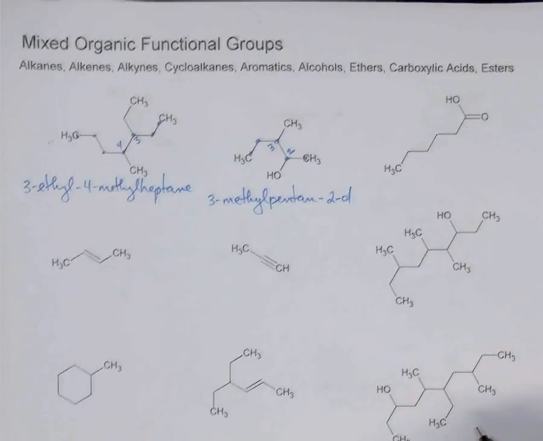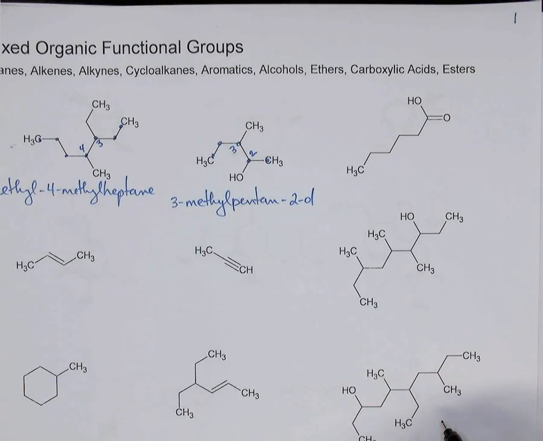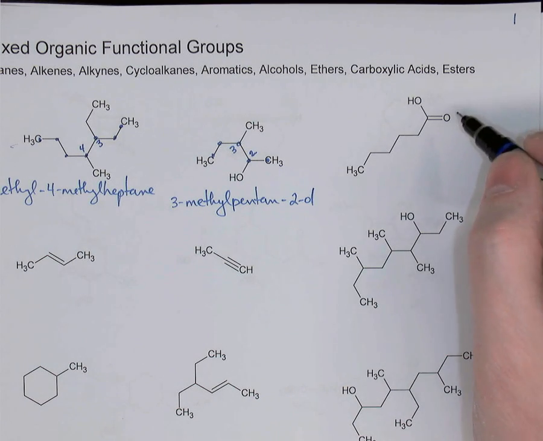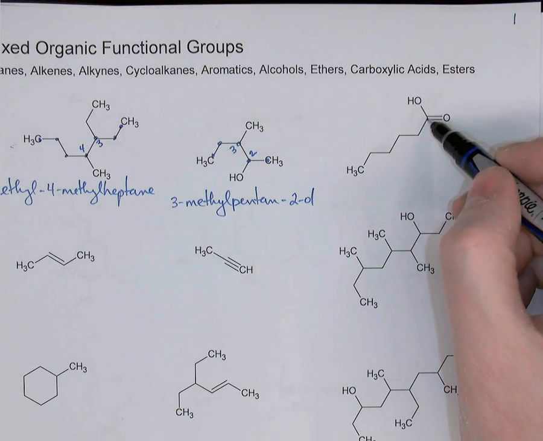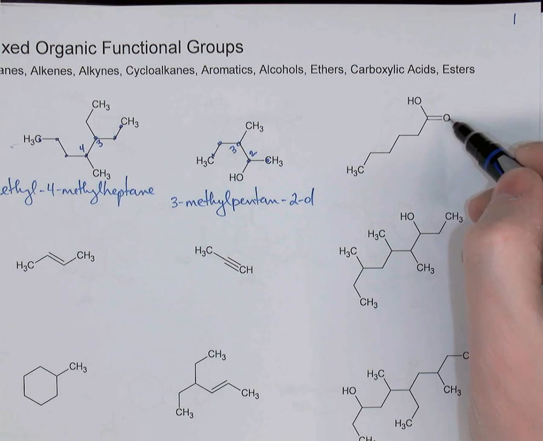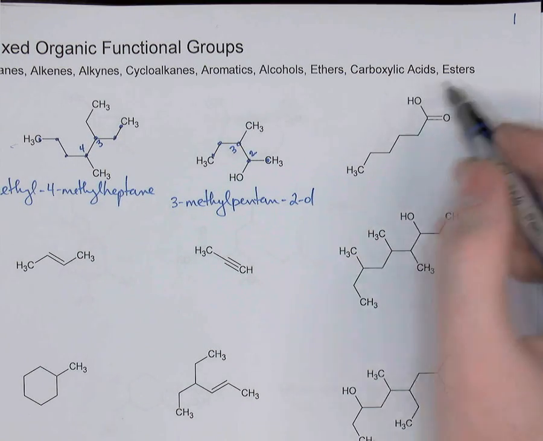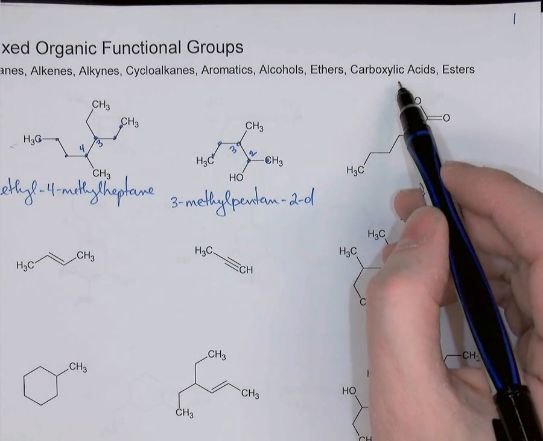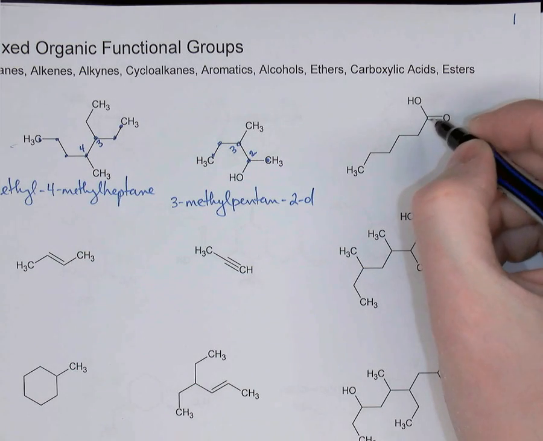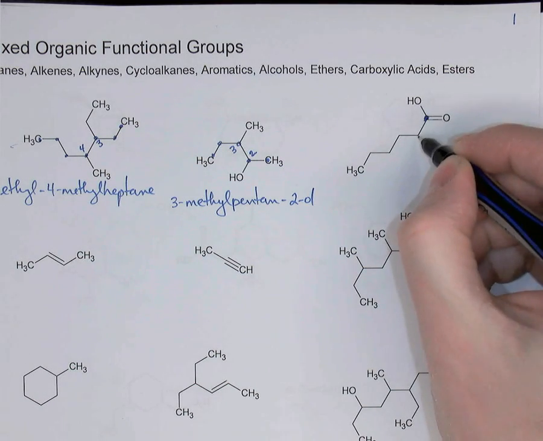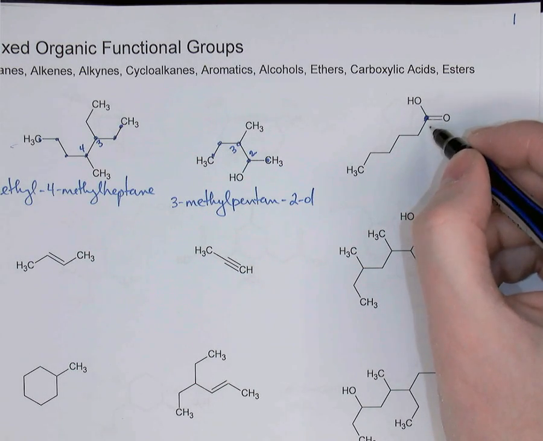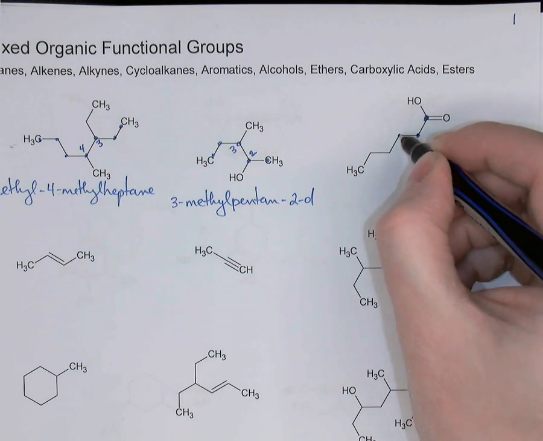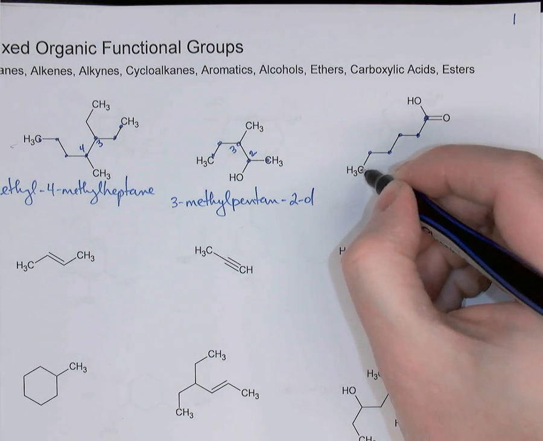The third molecule here, you can see it has a functional group that jumps out at us at the end of the molecule here, a C double bond O, OH. So this would be a carboxylic acid. And so we'll number the carbons. This is carbon 1, closest to the functional group. Carbon 2, 3, 4, 5, 6.